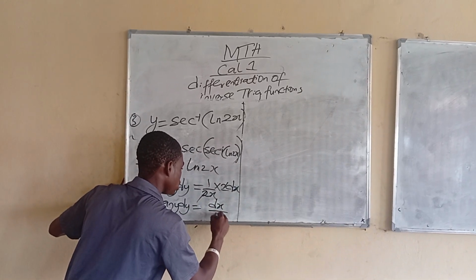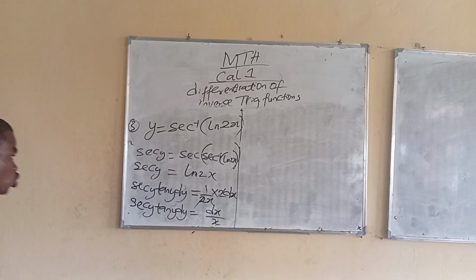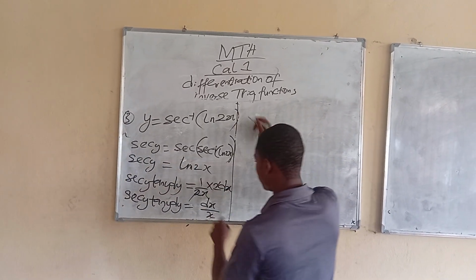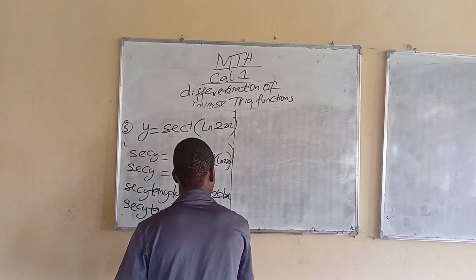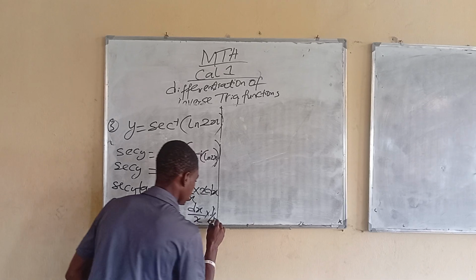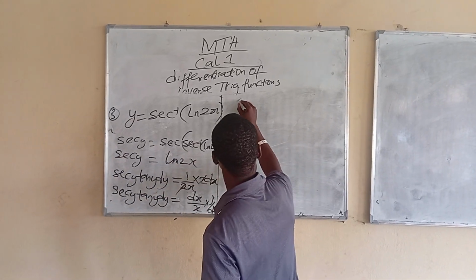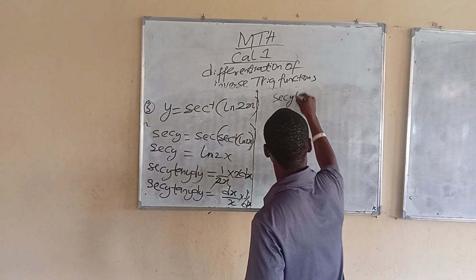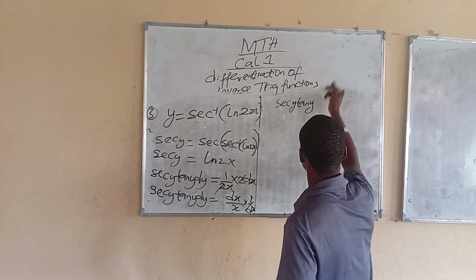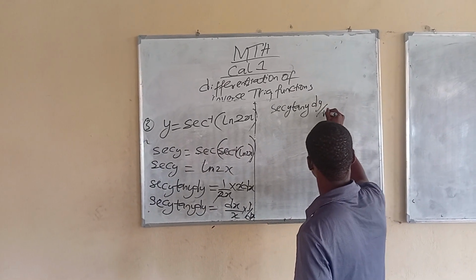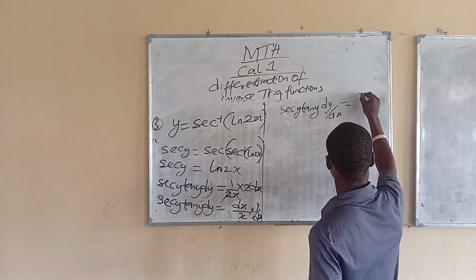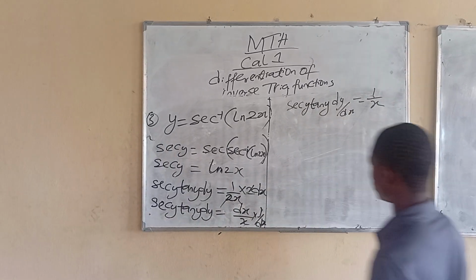dx over what? x. We are not done. So, dy, getting rid of this dx here, that's times 1 over dx. So that will give us sec y tan y equals to what? Sorry, dy over dx equals to 1 over what? x.